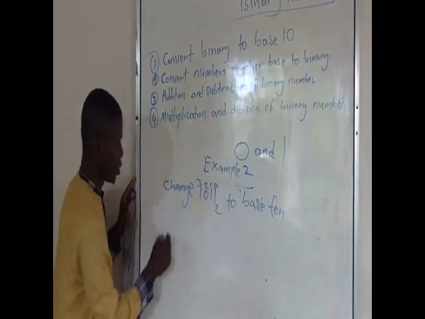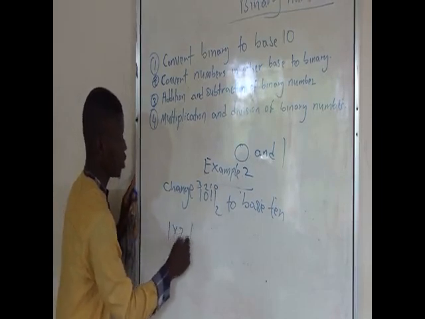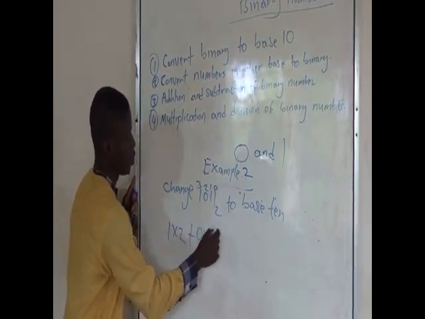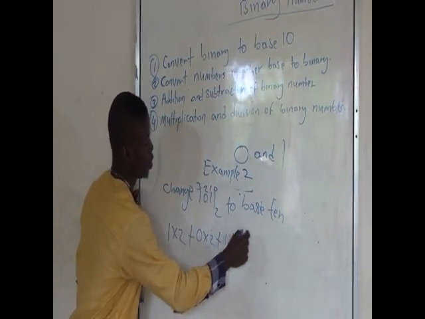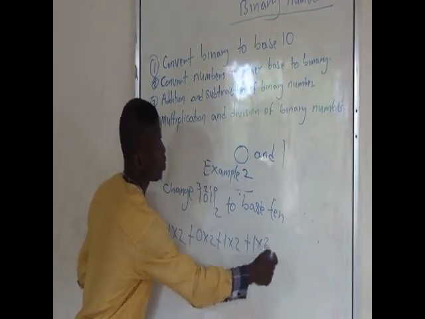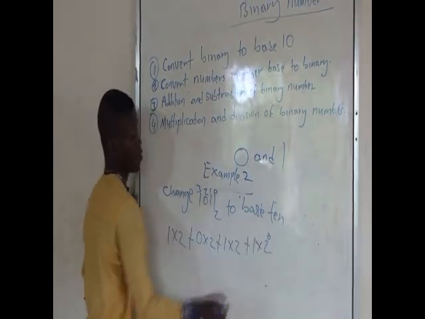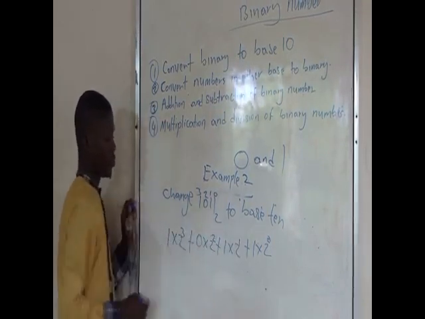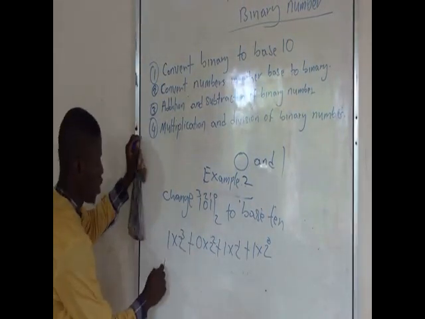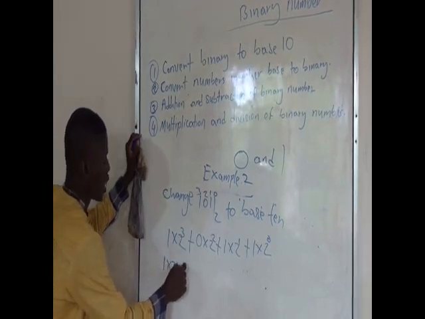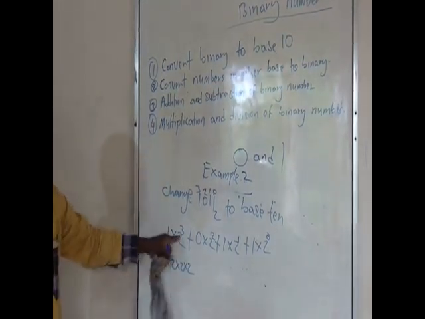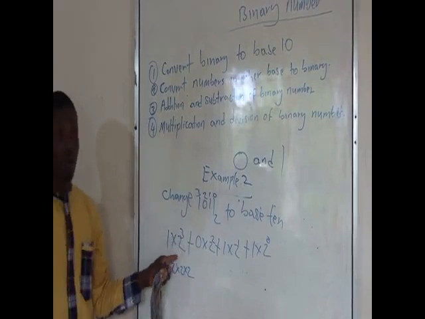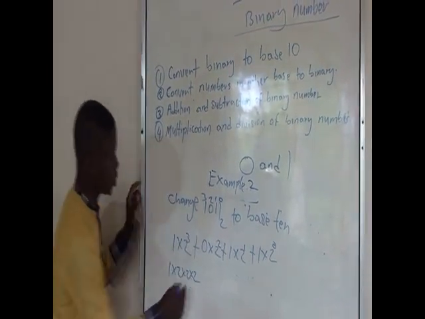Then we'll expand: 1 times 2, plus 1 times 2, plus 0 times 2, plus 1 times 2, with powers 0, 1, 2, and 3. And we have 1 times 2 times 2 times 2. Raised to power 3 means multiply 2 three times.